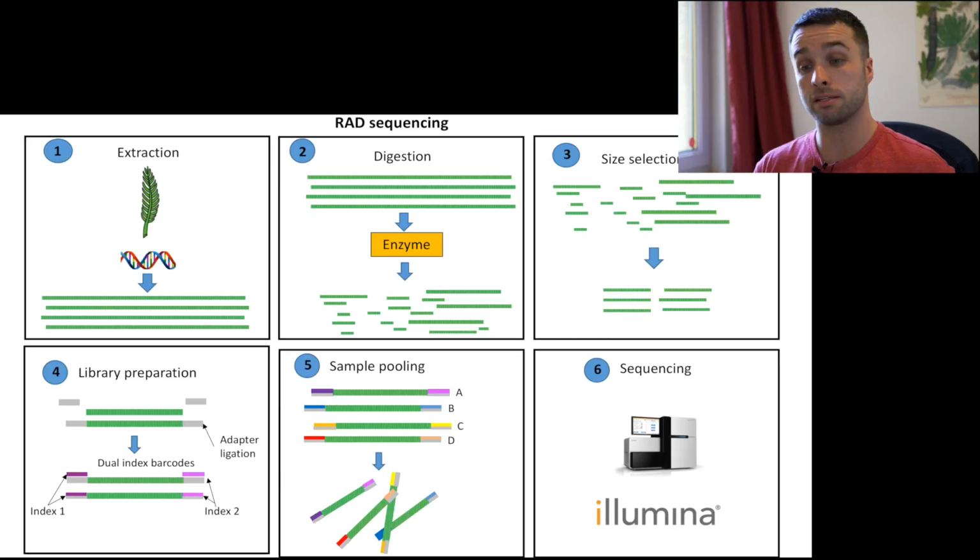Then we use a library preparation with an Illumina kit, the Illumina TruSeq Nano kit in our case, which adds dual index barcodes to the ends of the fragments so we can later identify them. Then we carry out PCR to amplify these, and we pool them into a single reaction. So we're effectively multiplexing these samples and then sequencing 96 individuals on a single Illumina sequencing run.